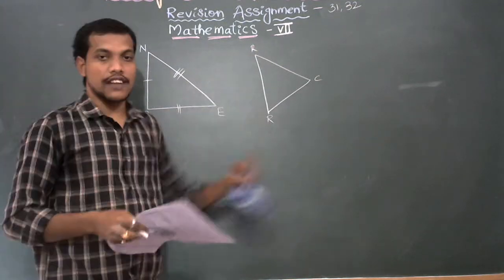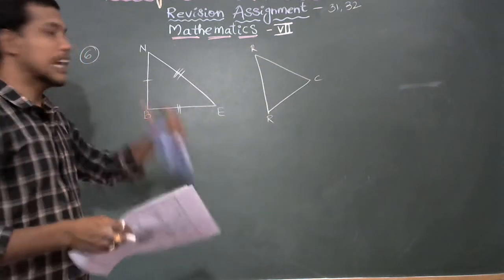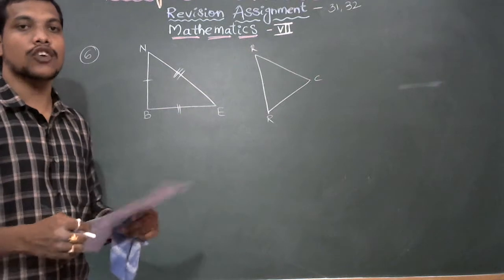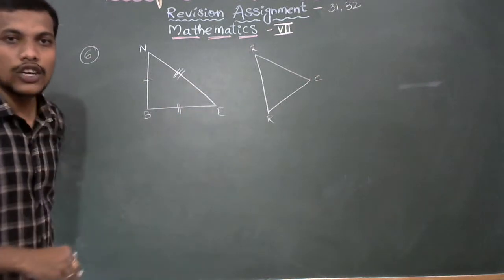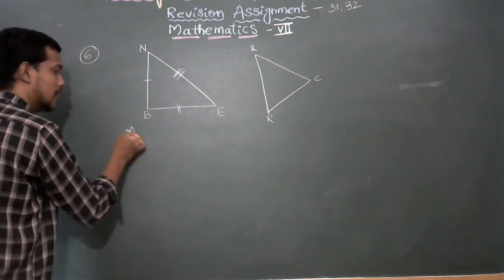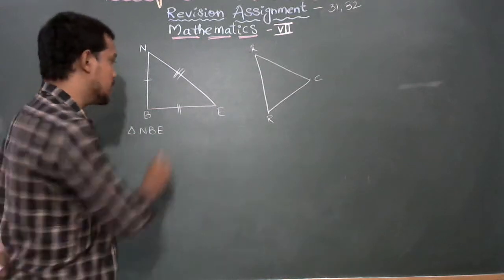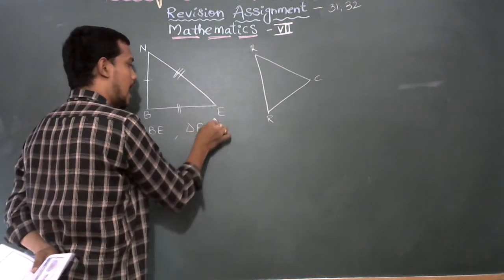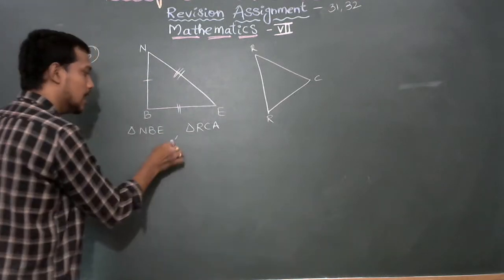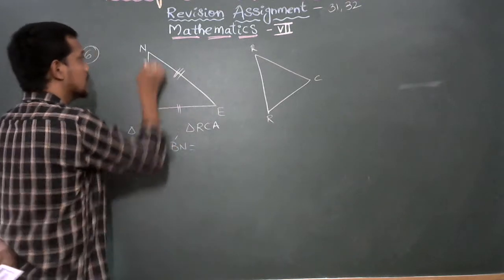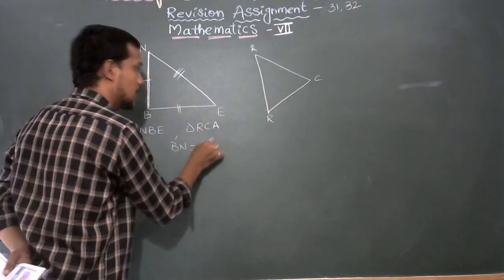Here are two figures. In these two figures, which one is congruent? Is a side congruence existing? According to triangle NBE and triangle RCA, we have BN equal to RC.